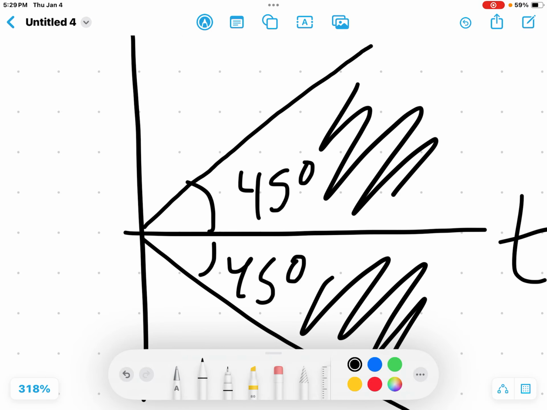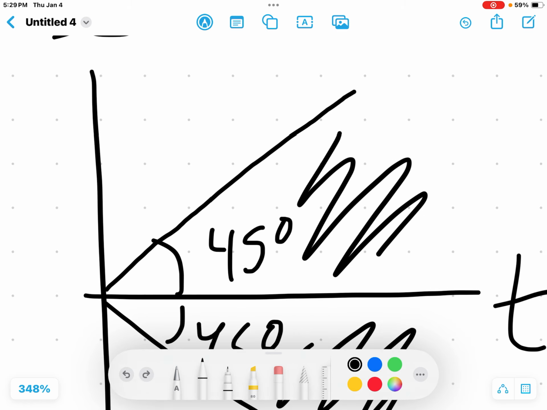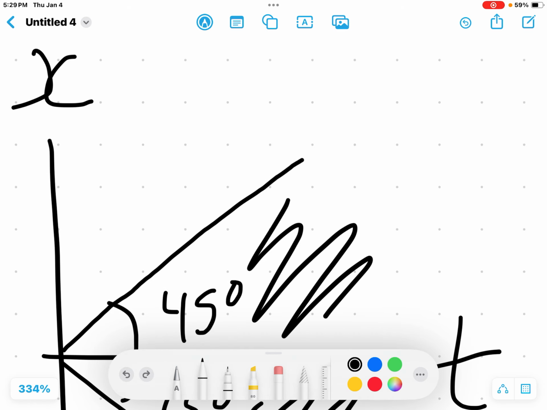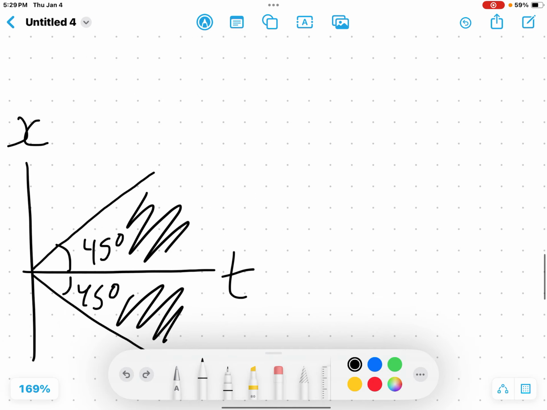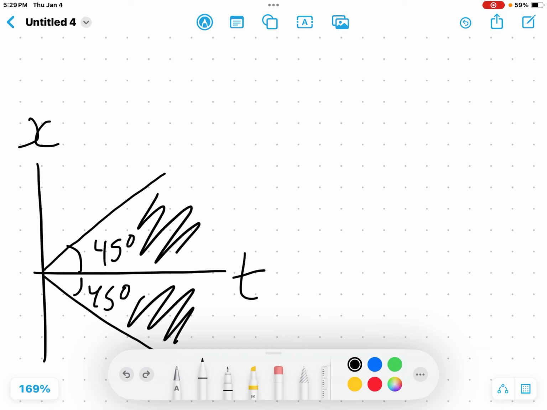To escape the light cone is to travel back in time, or if I want to escape it, I want to travel at a much steeper inclination, which means I will have to travel faster than the speed of light. But as we all know, nothing can travel faster than the speed of light. It will require infinite energy to do so. So what are some ways that we can sort of cheat?